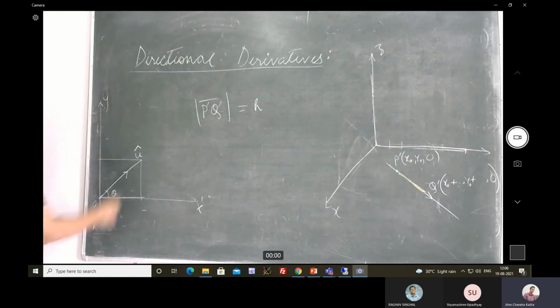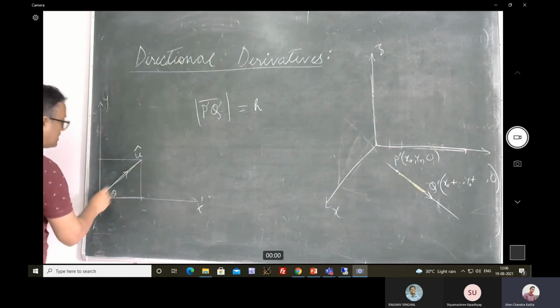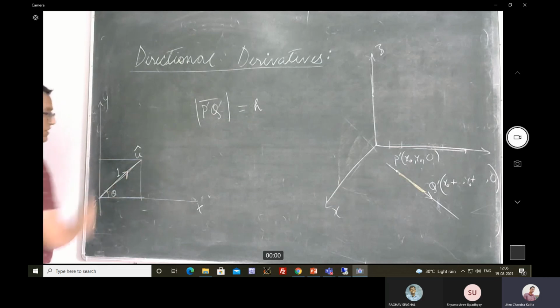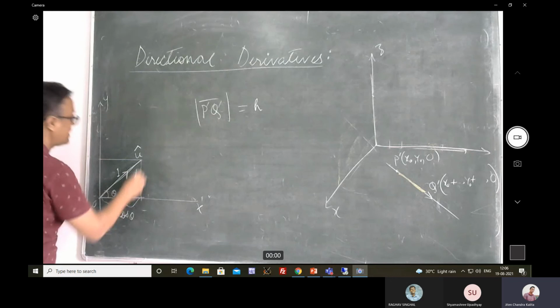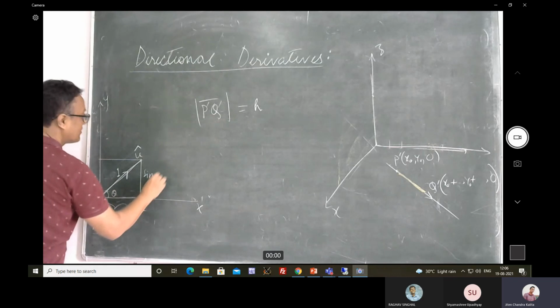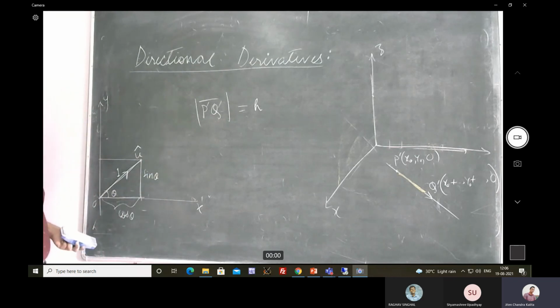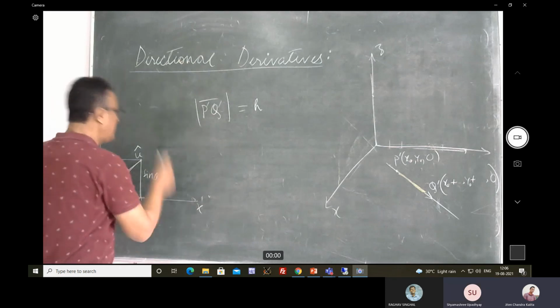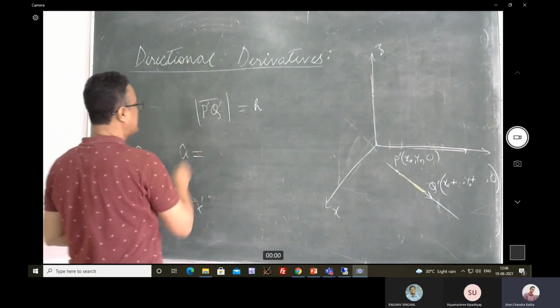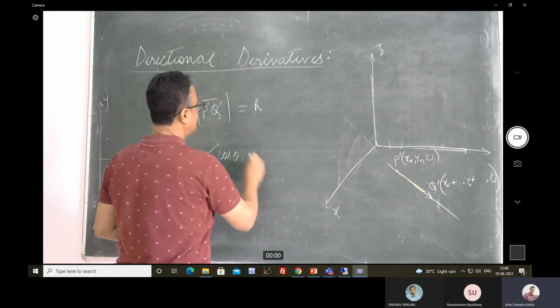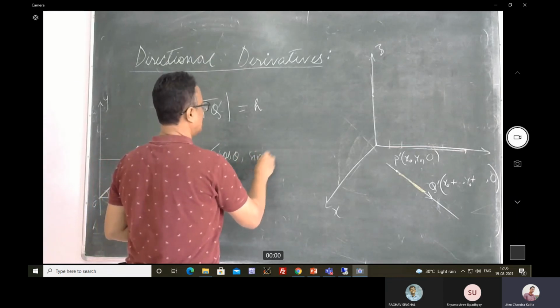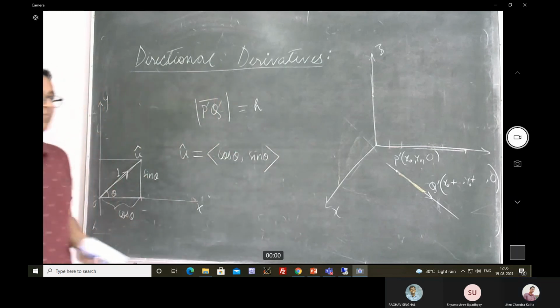See, this is a unit vector, so this length is 1. Is it okay? So this length is cos theta and this length is sin theta. Any unit vector that makes an angle theta with the x-axis is, of course, in the xy plane.